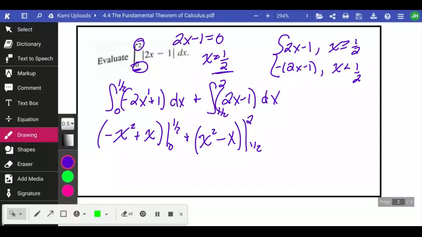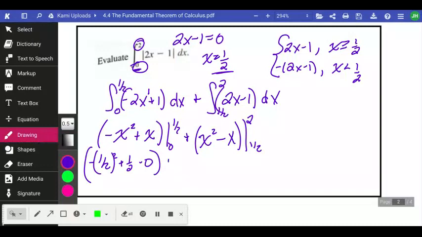Then we'll plug in our numbers. So we will have negative 1/2 squared, the negative is not being squared, plus 1/2. And if I plug in 0, I'm just going to get 0, so I'm just going to put minus 0 for that whole section, because top minus bottom. 0 squared plus 0 is still 0.